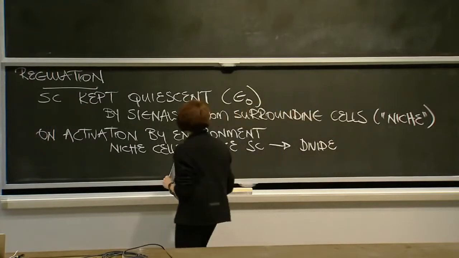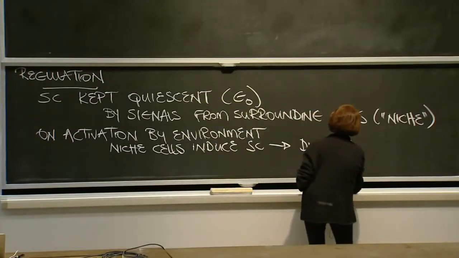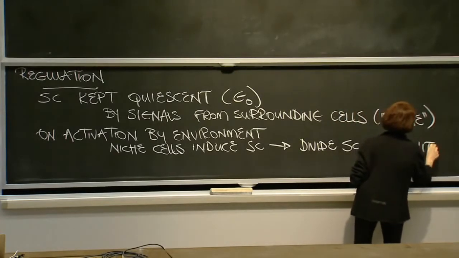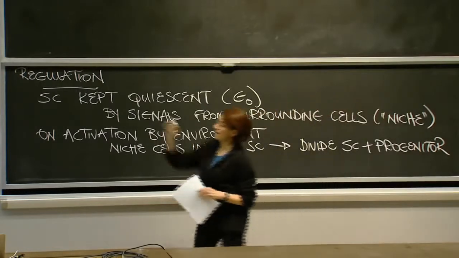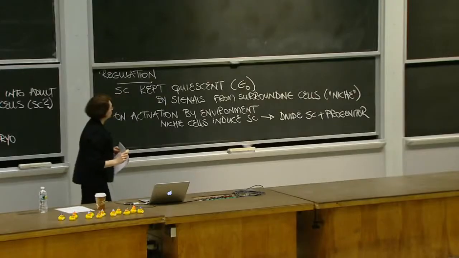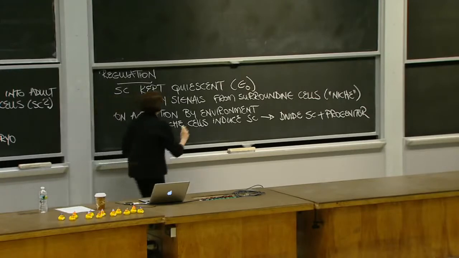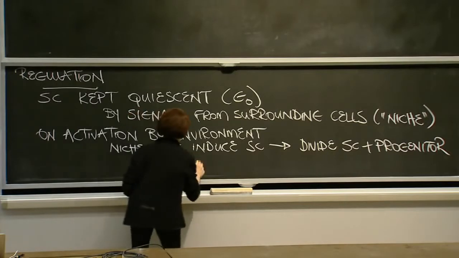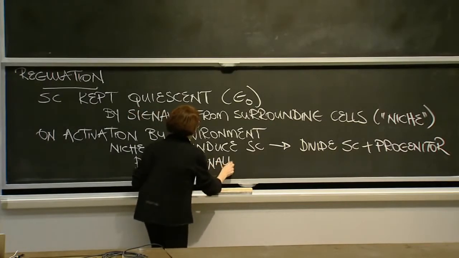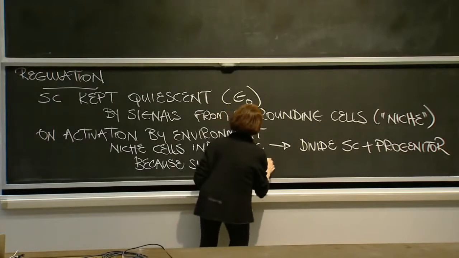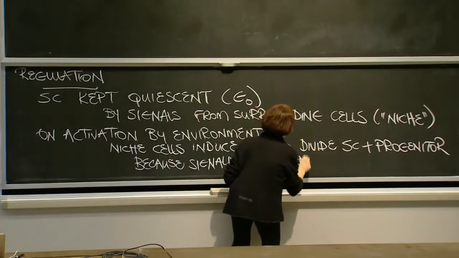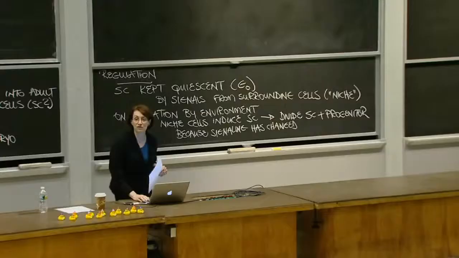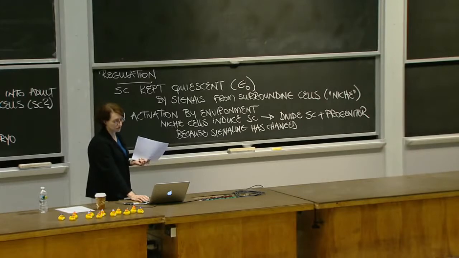They induce the stem cells to divide into a stem cell plus a progenitor, which then goes on to do all the things that I diagrammed that progenitors do on the first board. And the niche cells do this because they've changed their signaling. This is yet another use, or a very related use, of the notion of cell-cell signaling in controlling life.